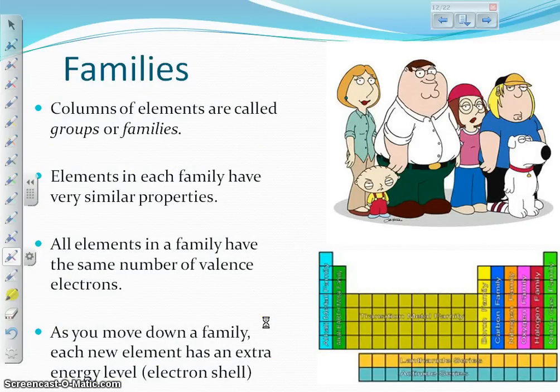Families, on the other hand, happen to have very, very similar properties. Okay, and we're going to go through and talk through some of the names and characteristics of each one. But when we get to a family, every single one in that family is going to have the same number of valence electrons.